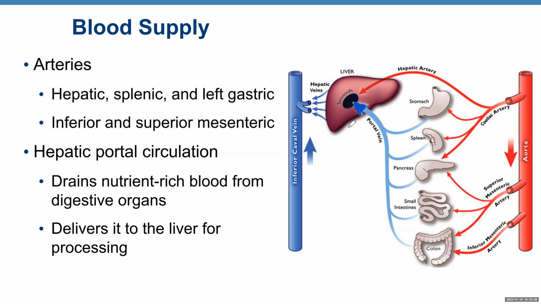This pathway from the digestive organs to the liver is called hepatic portal circulation. It drains nutrient-rich blood from the digestive organs and delivers it to the liver for processing.